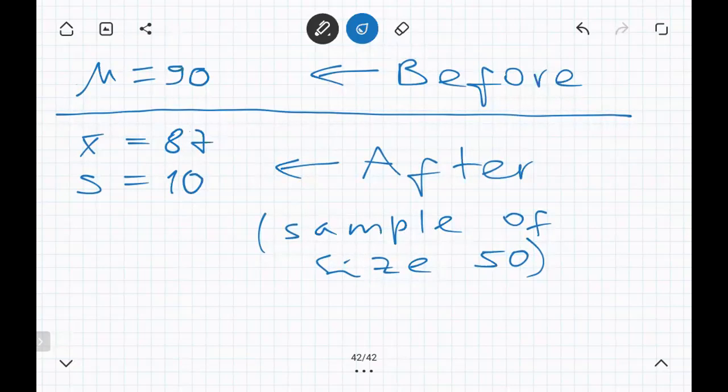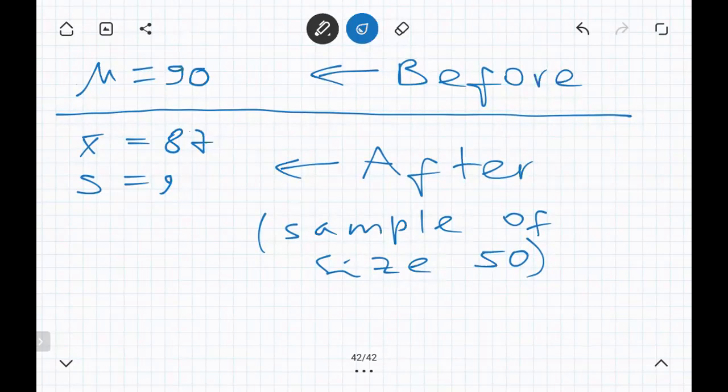I assess their work, I calculate the average, and I see that the average is 87 points with a standard deviation of 10, sorry. Oh, in fact, let's make it 9. Let's make our own life a bit easier. So it's 87 points with a standard deviation of 9.